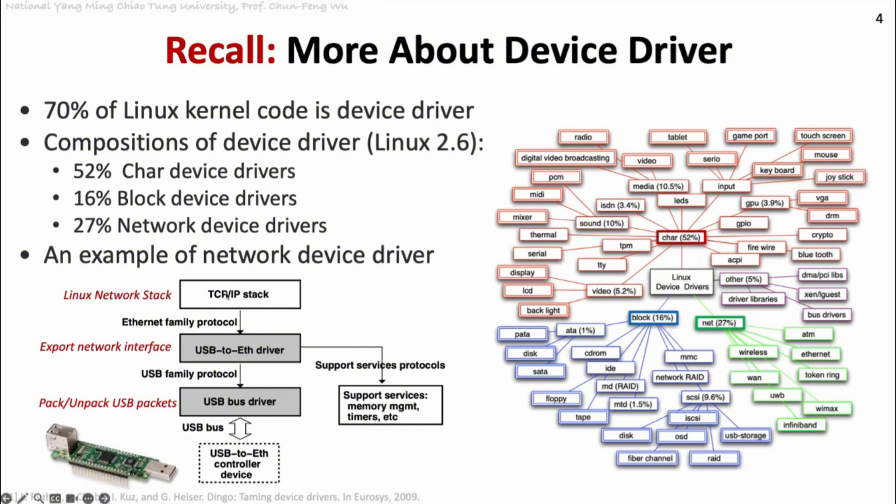After the kernel encapsulates those layers and starts to move the packet, it will first be sent to the USB controller on the motherboard. The USB controller will decapsulate and resolve this packet and then send the USB to Ethernet driver information inside this device.